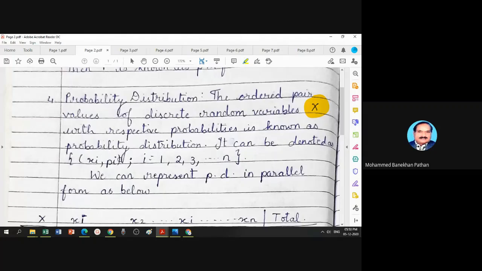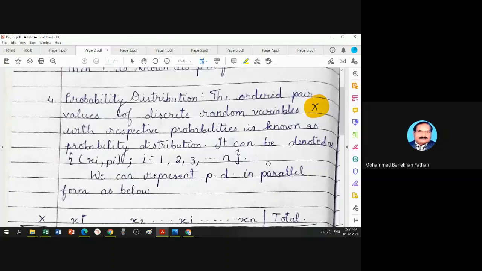It can be denoted as {(xi, pi); i = 1 to n}. You can recall paper 1 frequency distribution. The word frequency is replaced by probability.